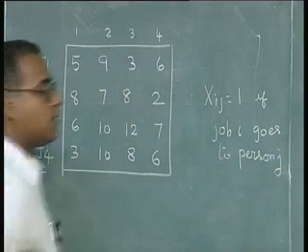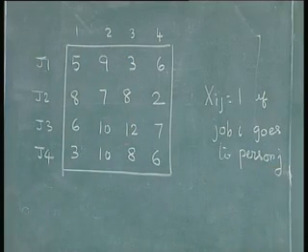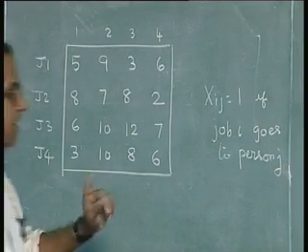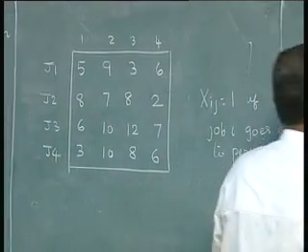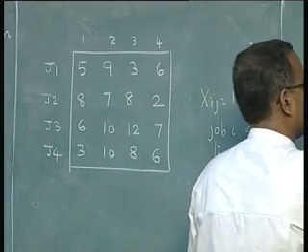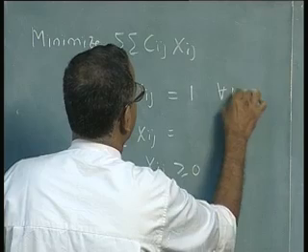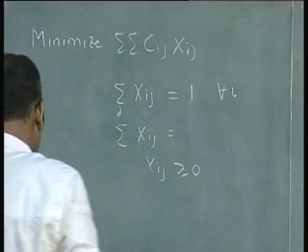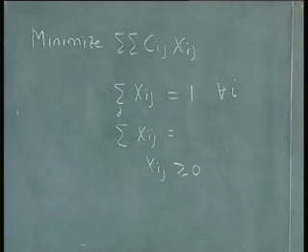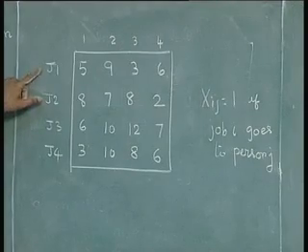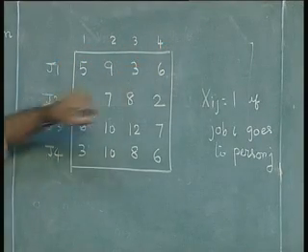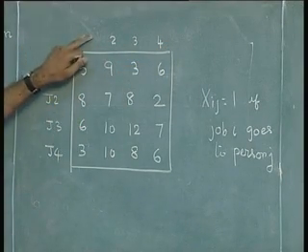Now sigma xij equal to 1 for every i, summed over j, means this job goes to only one person.